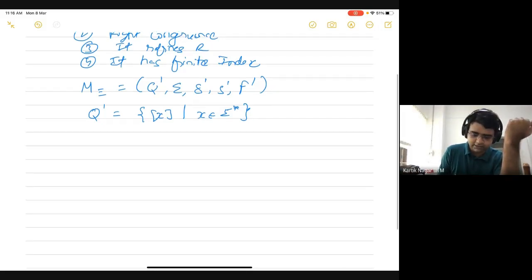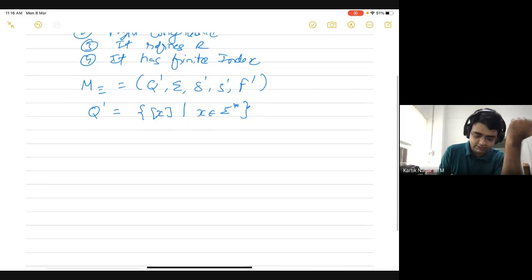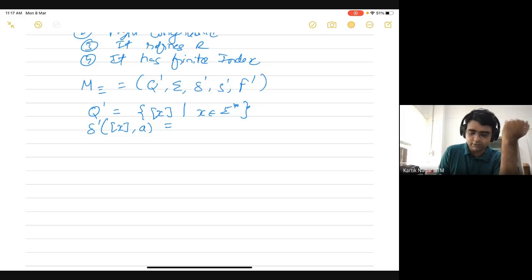Now let's define the transition function. The transition function delta prime is going to take an equivalence class and some symbol, and then it should go to some other state of the DFA.